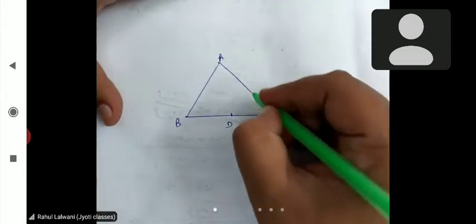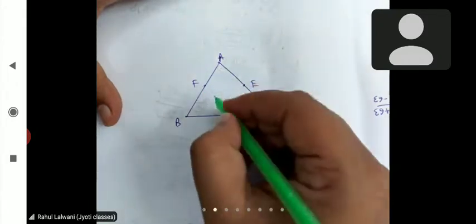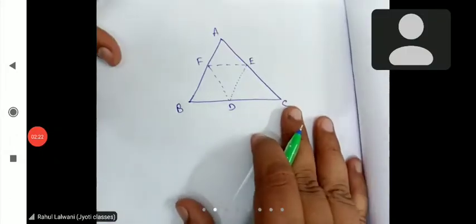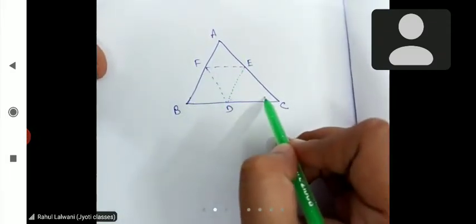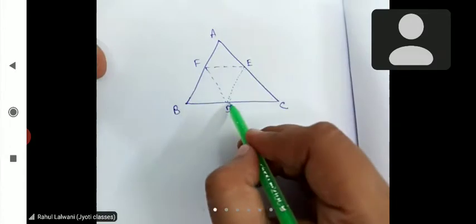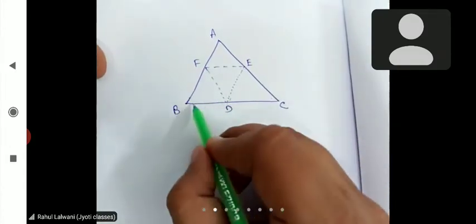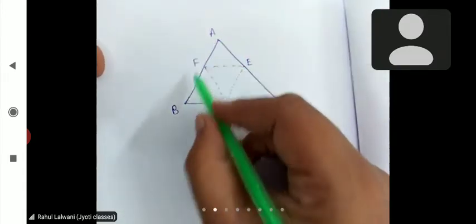What is given in the question? D is the midpoint of BC, E is the midpoint of AC, and F is the midpoint of AB. We'll join these with dotted lines.